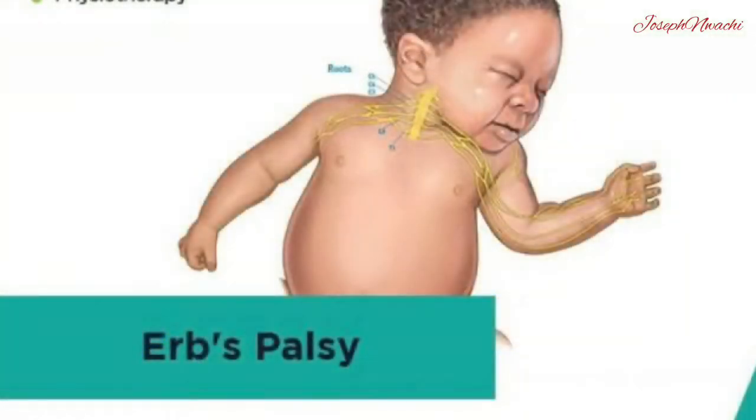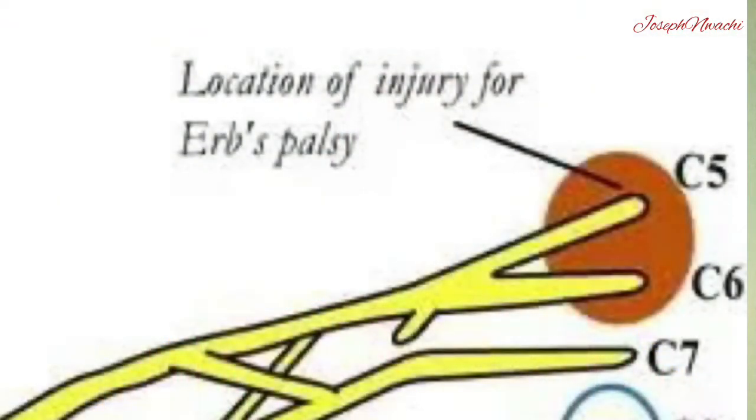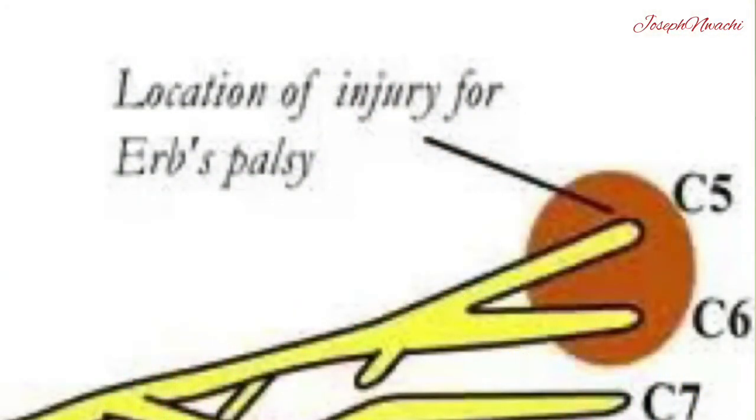Another clinical correlate is Erb's palsy. Erb's palsy is a clinical condition that occurs when there is damage at the C5 and C6 roots of the brachial plexus. Like we said from the beginning, the nerve root of the axillary nerve is C5 and C6, so when there is damage at this point, it will definitely affect the axillary nerve.